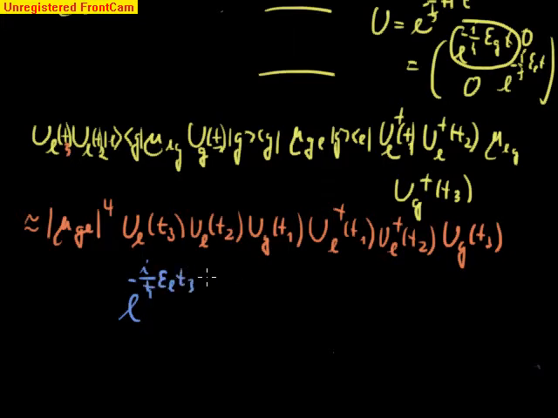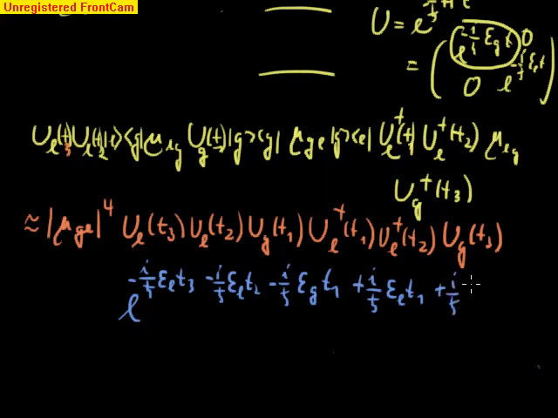Here we have also minus i divided by h bar epsilon E t2. Here it is minus i divided by h bar epsilon G t1. Here it is plus i divided by h bar epsilon E t1, and plus i divided by h bar epsilon E t2, plus i divided by h bar epsilon G t3.